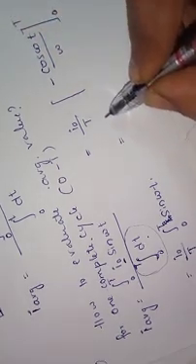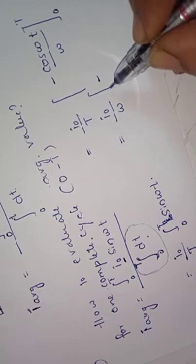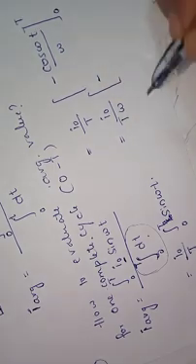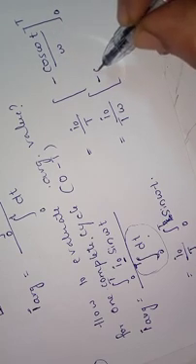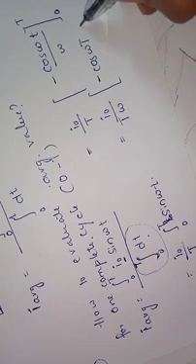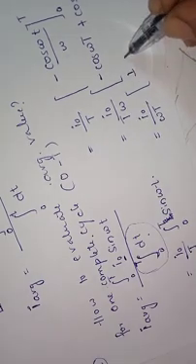Let's write this as I naught by omega T into the bracket. Omega is a constant, so let's take it outside the bracket. This is minus cos omega capital T plus cos 0, upper limit minus lower limit. Cos 0 is 1.